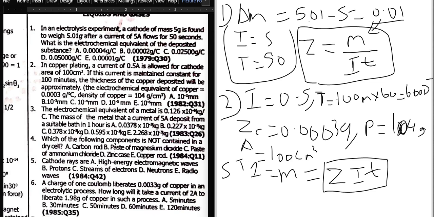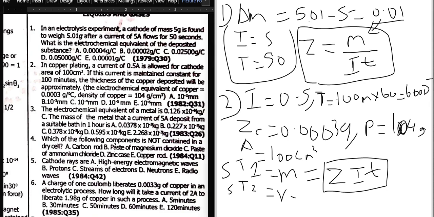Now the next one, we'll look for V, the volume, using the density. That's step 2. So in step 2, we're looking for the volume of copper.